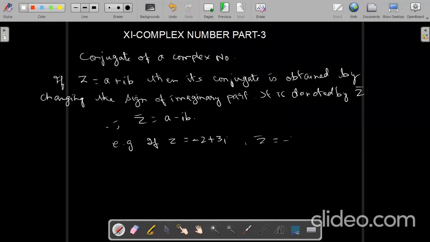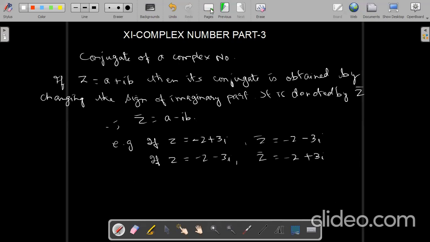We have to change the sign of only the imaginary part, that is 3 iota. Here it is plus 3 iota, it will become minus 3 iota. Or if you have minus 2 minus 3 iota, then its conjugate z bar will be equal to minus 2 plus 3 iota. So we don't have to change the sign of the real part, only the imaginary part will be changed.